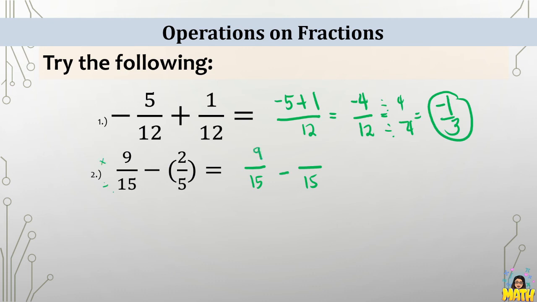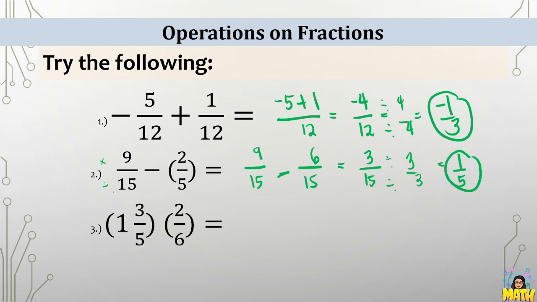Minus 15 divided by 5, 3 times 2, that's 6. And then subtract. 9 minus 6 is 3, and copy the common denominator. Simplify if possible. So the GCF here is 3. So this one is 1/5.